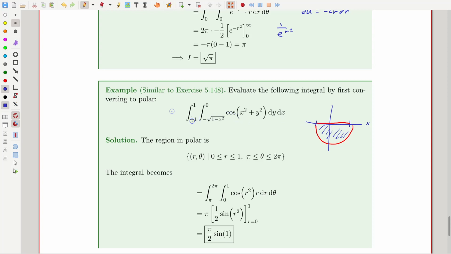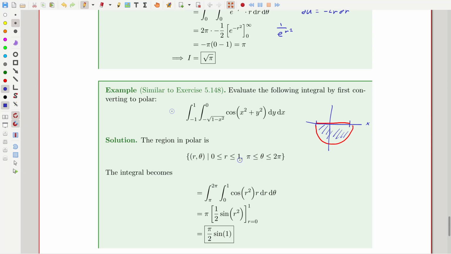So this integral is integrating over this region that I've drawn off to the side. That is the bottom half of a circle of radius 1. So to convert this over to polar, we can then just kind of read off what needs to happen. And that's basically the next step that I have here. So we can tell that r needs to go from 0 to 1, and that theta ranges from pi to 2 pi.